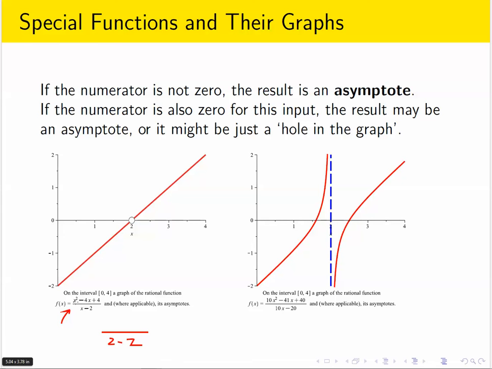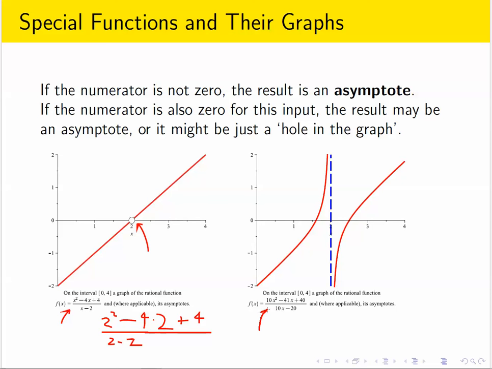But if you look at the numerator and you try to plug a 2 into it, you get 4 minus 8 plus 4, which is also 0. So the numerator and denominator are both 0. And when that happens, sometimes what we see is just a hole in the graph. So it's like we have a function, but with a point missing from the graph, and that's indicated here with this open circle.